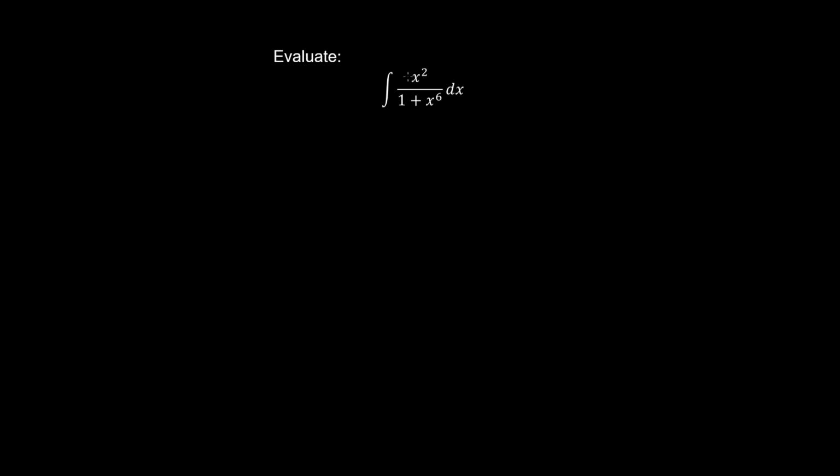Let's evaluate this integral. So we can write this as the integral of x squared over 1 plus x cubed all squared. And now we can set u equal to x cubed, then du is 3x squared dx.